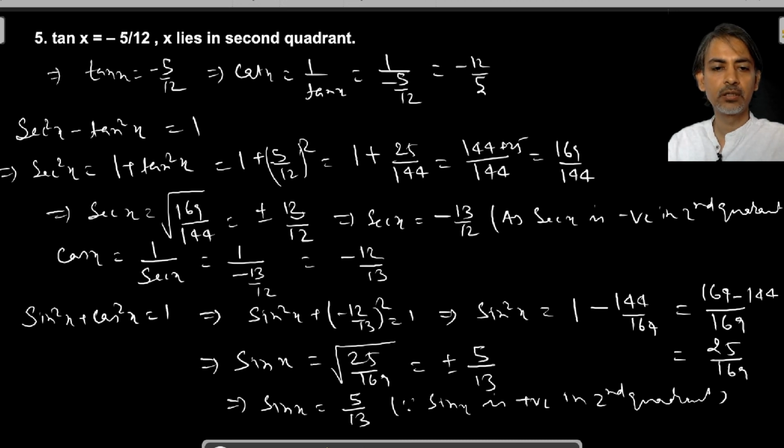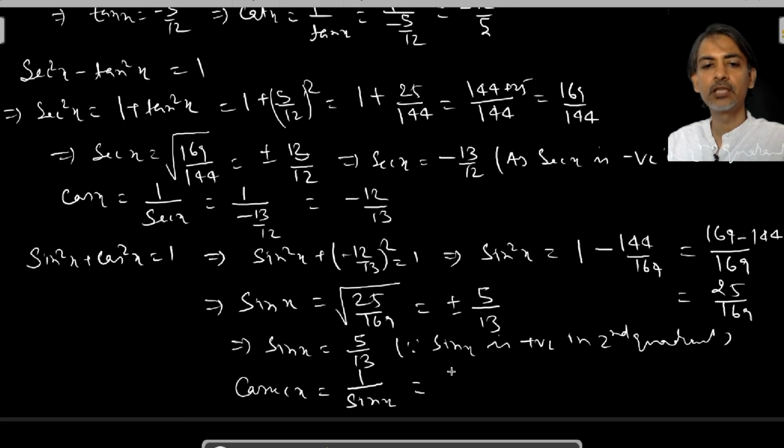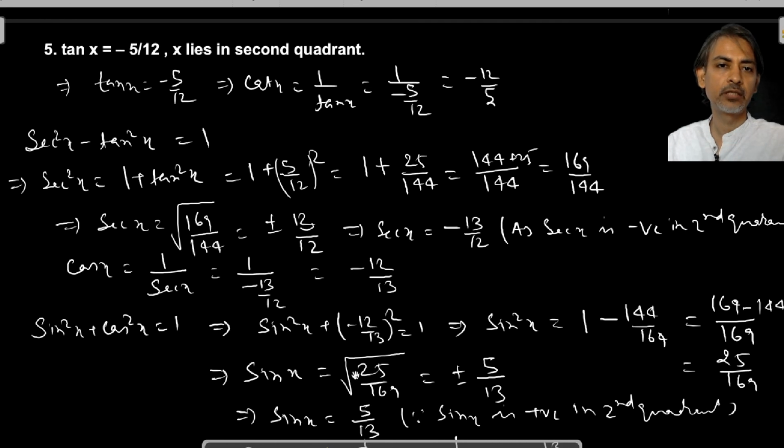Now given this, can we get cosec x? Yes. What is my cosec x? Cosec x will be 1 upon sin x, which is 1 upon 5 by 13, and this will give me 13 by 5. Okay, so this is what we had to discuss in 3, 4 and 5.